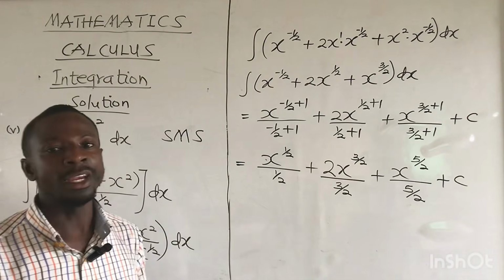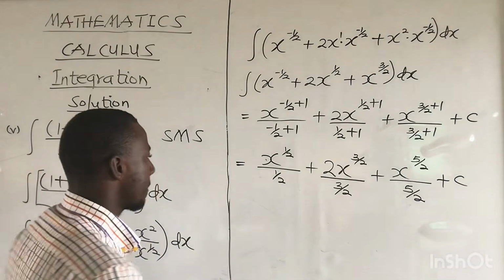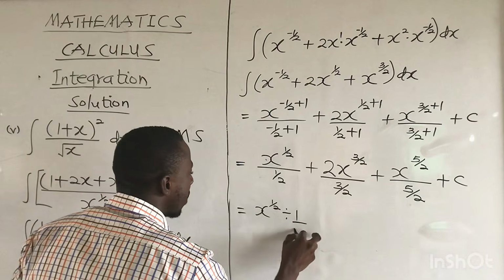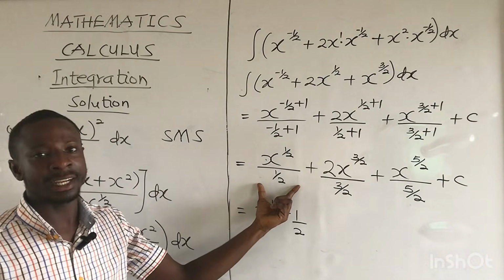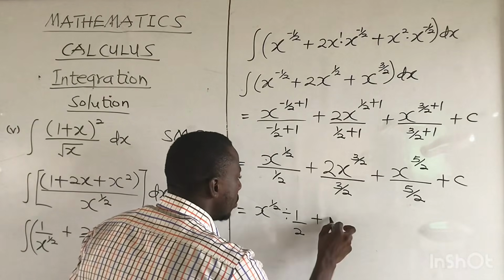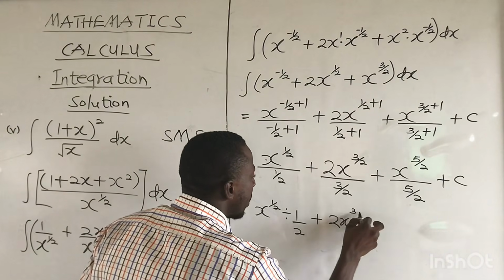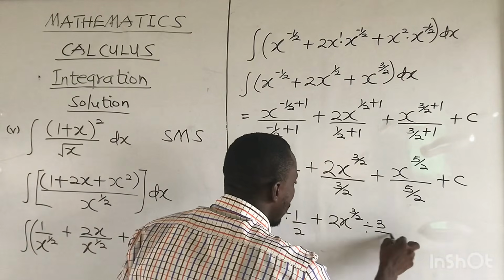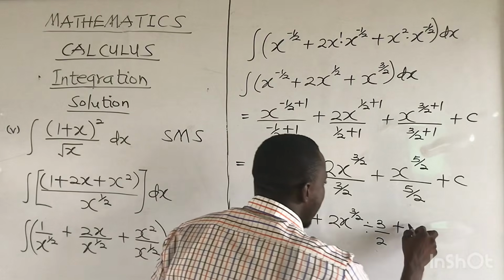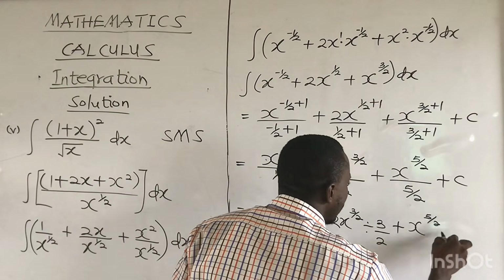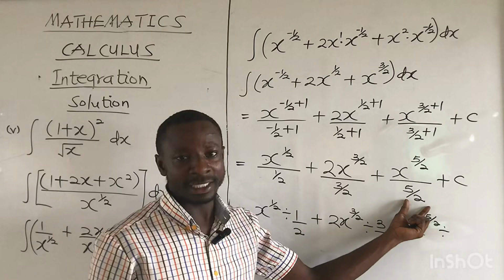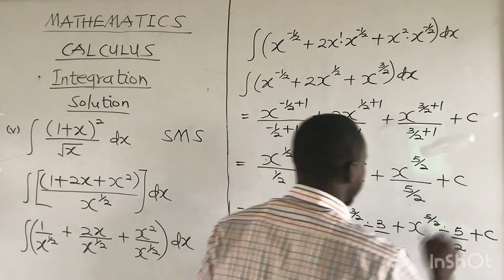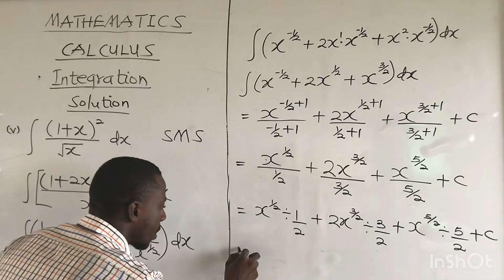So when you get here, we need to simplify them further. So we have x power half dividing 1 over 2, because it is dividing the fraction here, half, plus 2x exponent 3 over 2. It is also dividing the denominator 3 over 2, plus x exponent 5 over 2, also dividing the denominator 5 over 2, plus c.